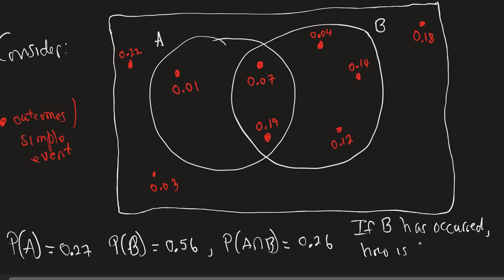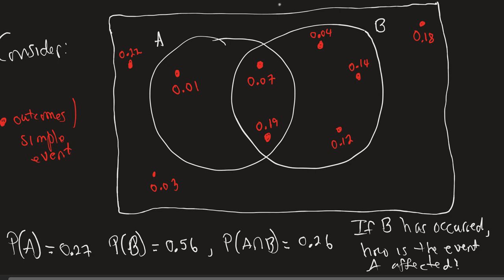How is the event A affected? So how does this occurrence, knowing that B has occurred, affect A?